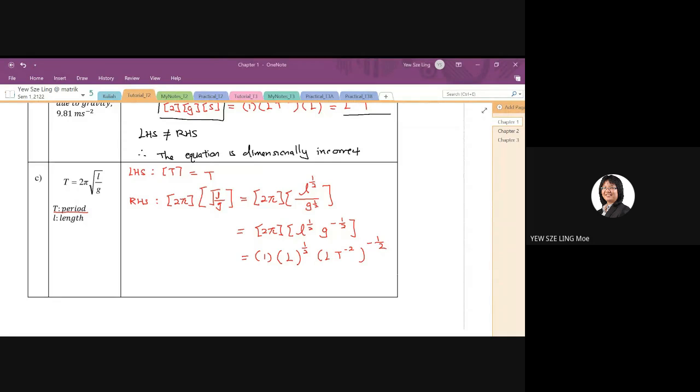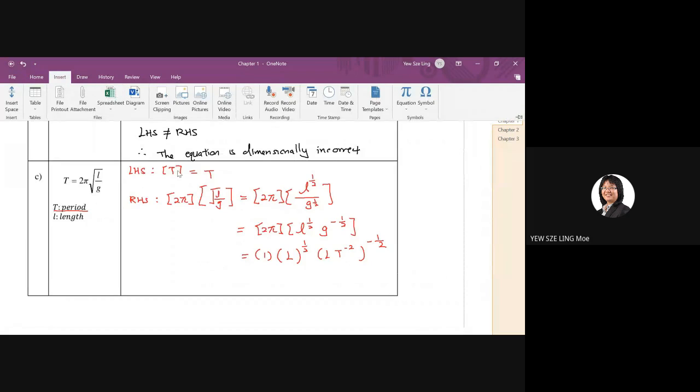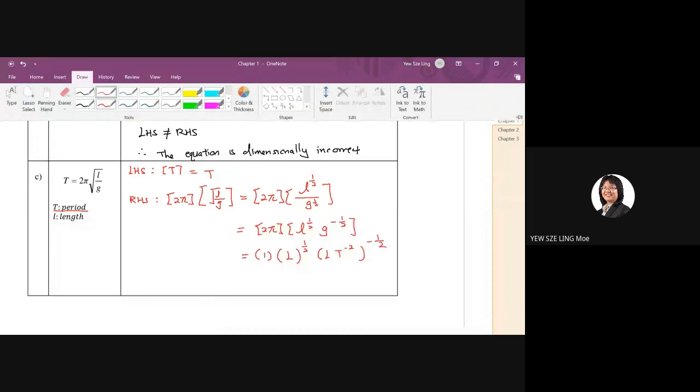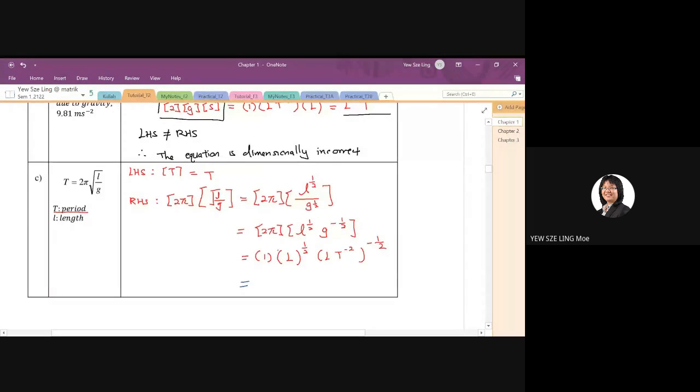So how are we going to simplify it? Let's see. L half, okay, L half is correct. And then yes, that's true. So next, what are we going to do? This one we cancel it out.